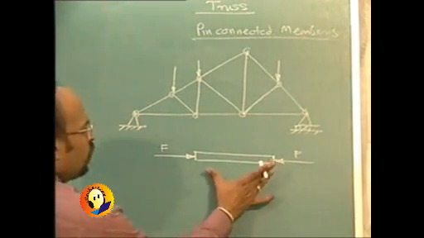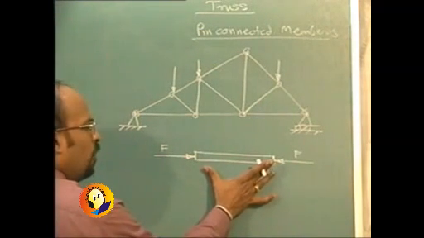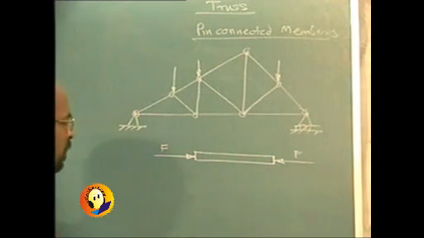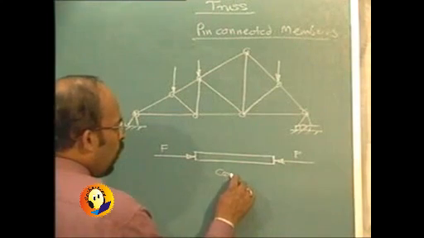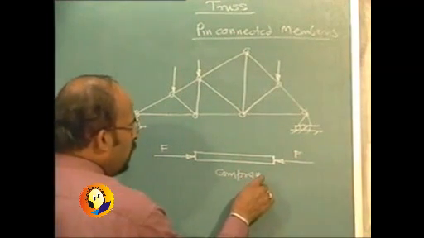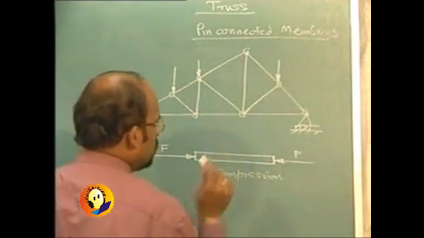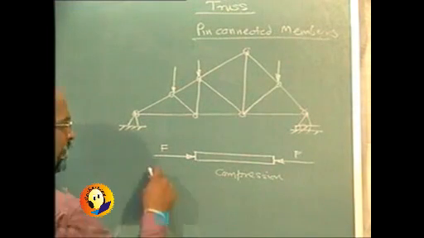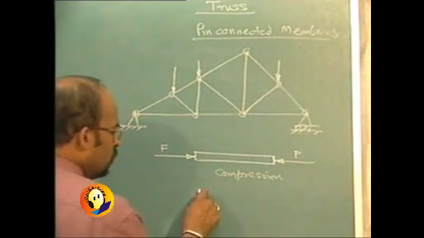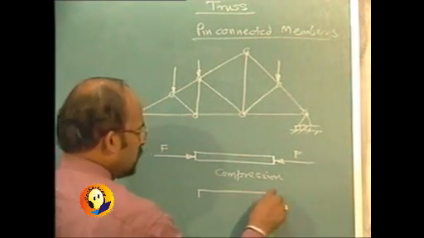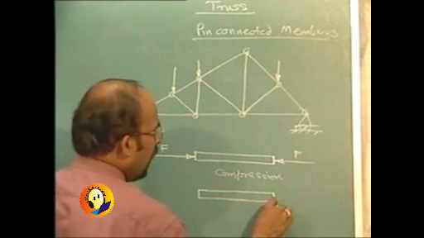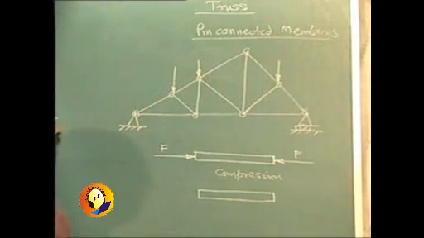Now these two forces, as I have shown over here, are going to compress that rigid member. So we call this a compressive load, or the member is in compression. Now this whole member is in compression. What we have shown just now are the external forces acting on that member.